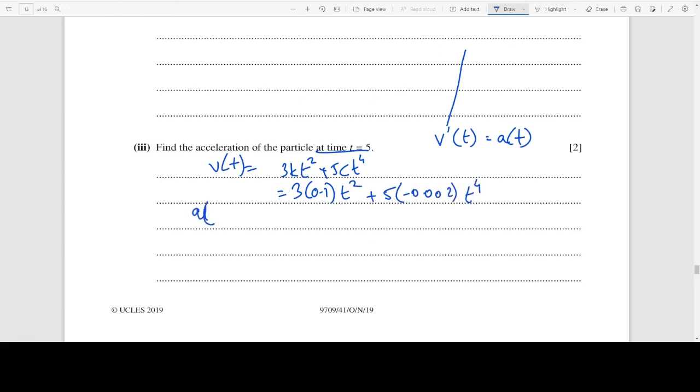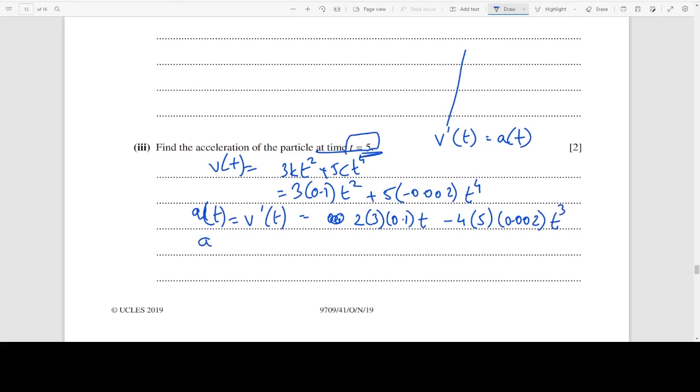So a of t is equal to the derivative of this equation, which is 2 times 0.3t minus 4 times 5 times 0.002t³. We just have to find the acceleration at time t equals 5.